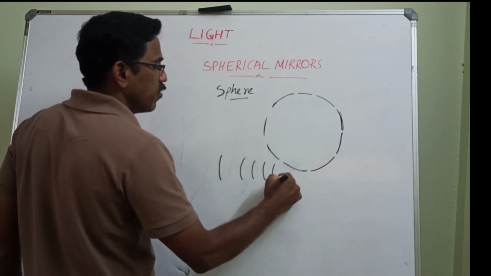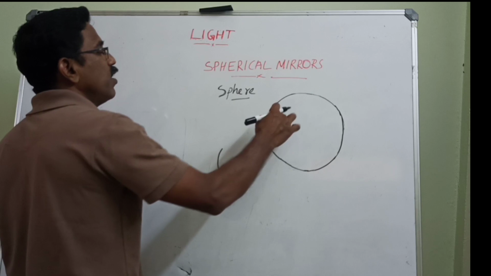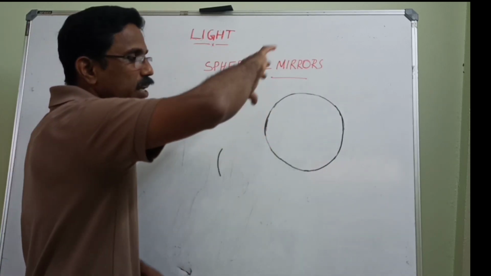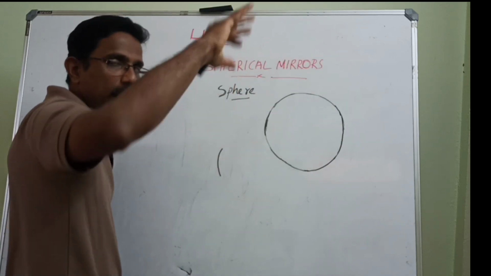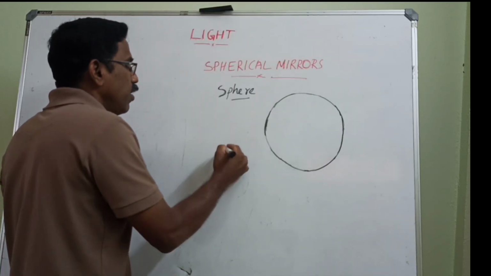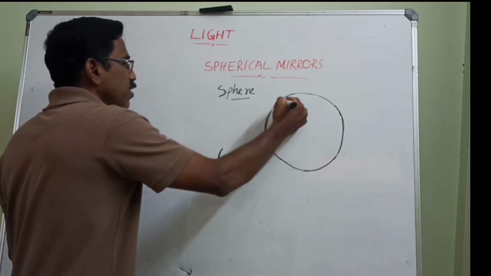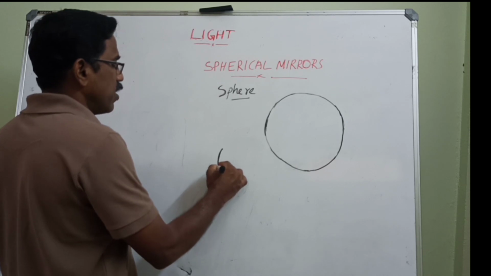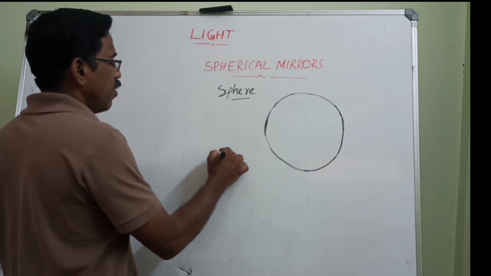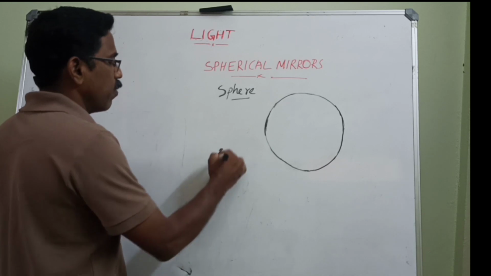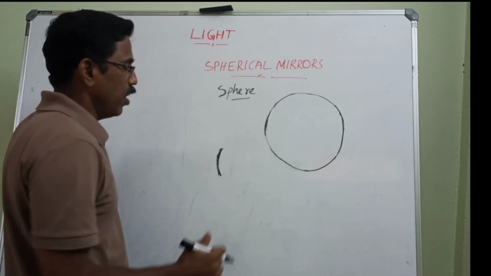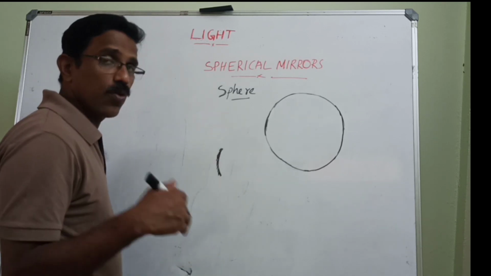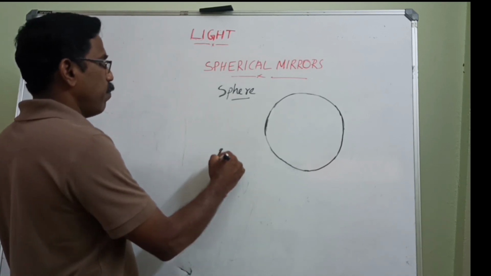Suppose the sphere is made of glass, a transparent object. I take a piece of that sphere, and it looks like this. You can silver one side, meaning make it opaque by applying a silver coating, and afterwards paint it to protect the silver coating. You will get a piece like this.